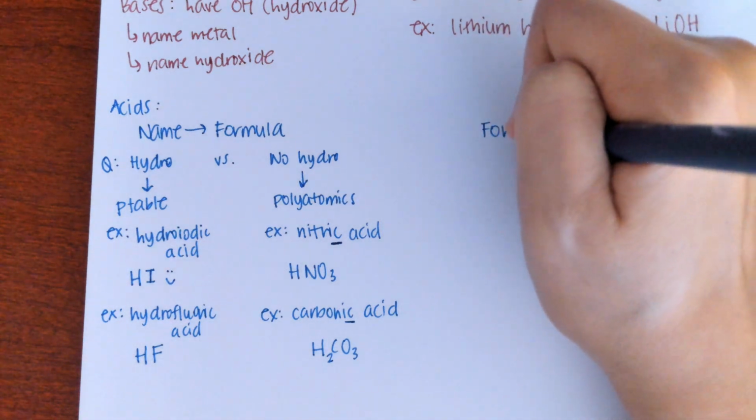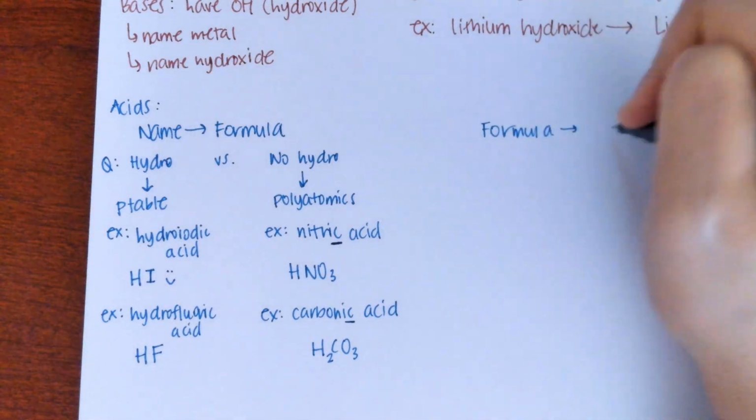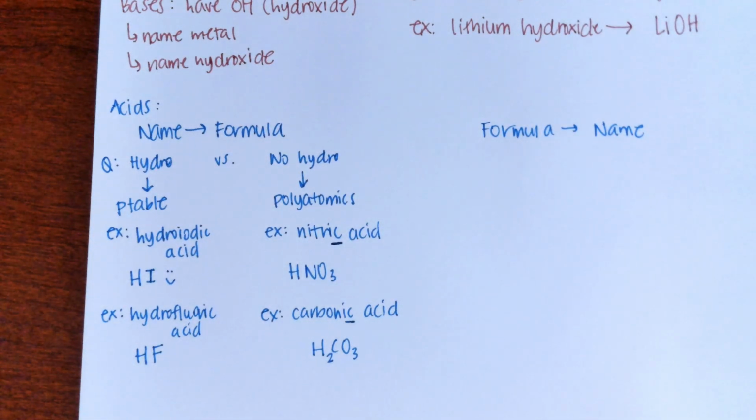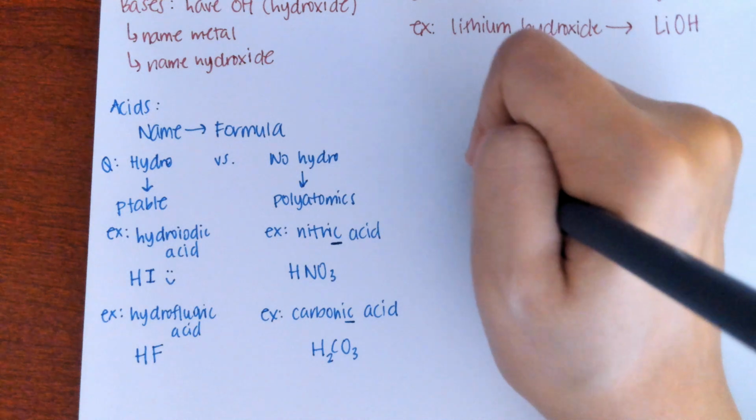Alright, let's do the other way around. Formula to name. This is where I see the most mistakes, because you're tempted to just say hydro throughout, even with the polyatomics. We all love hydro.